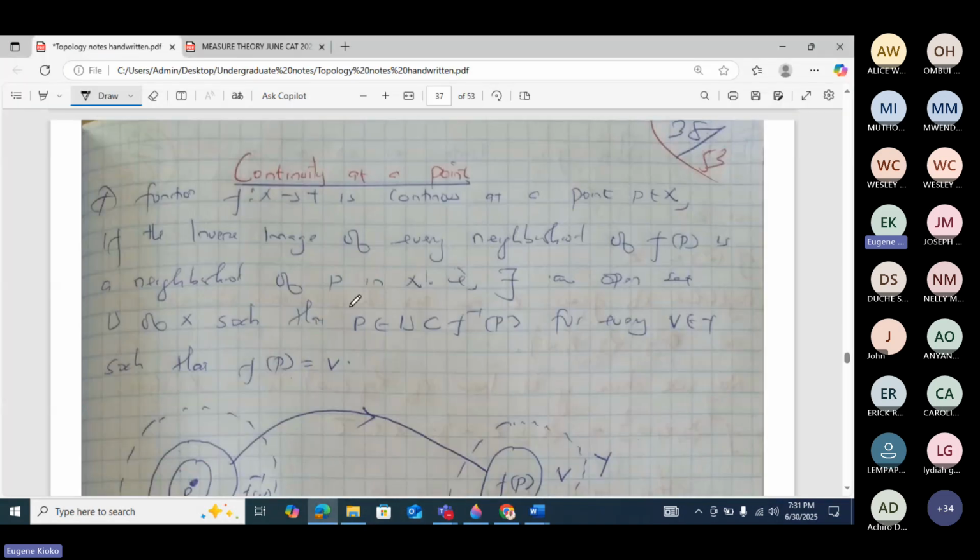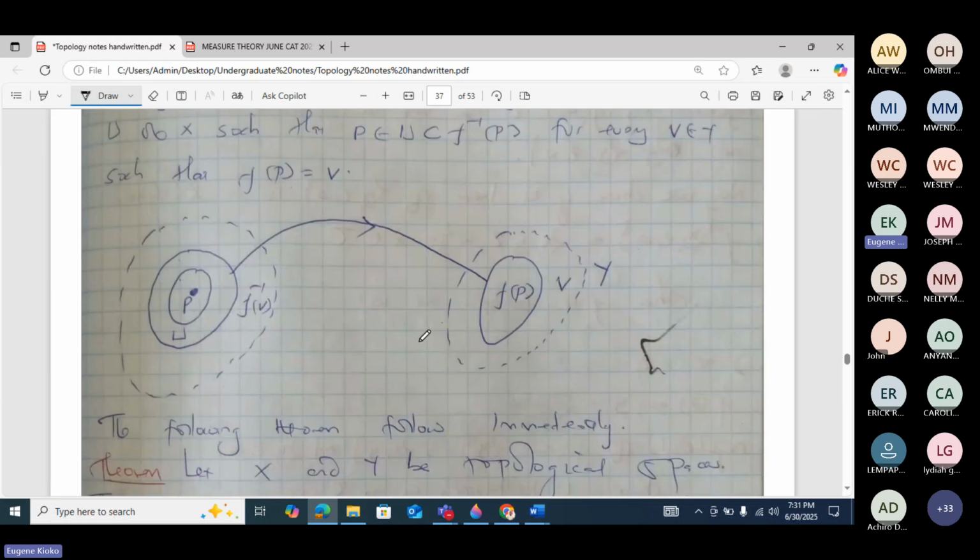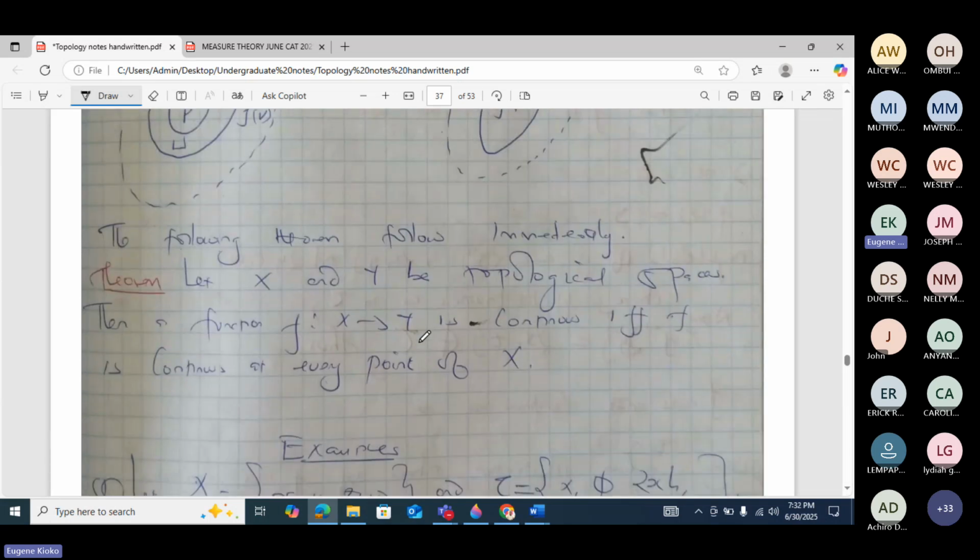So we want to test continuity at a point. A function f from x to y is said to be continuous at a point P if the inverse image of every neighborhood of f(p), we normally have 3 things, if the inverse image of every neighborhood of f(p) is a neighborhood of P in X. This one I normally help you understand the definition backwards.